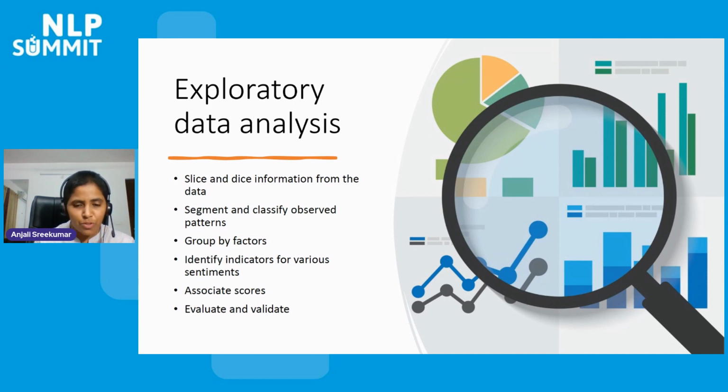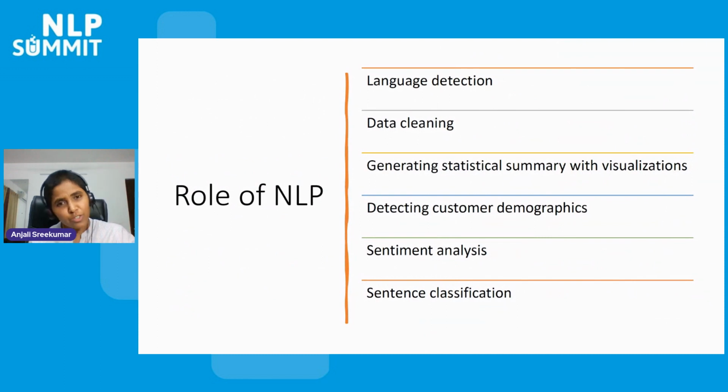The first part of getting to that valuable information is slicing and dicing this data into more structured formats, segmenting them, visualizing them, trying to see if there is any pattern, scoring them, and evaluating and validating, of course, to see if whatever we found is actually making sense. And then get them into a more refined and structured data format to which you can further apply deep learning models.